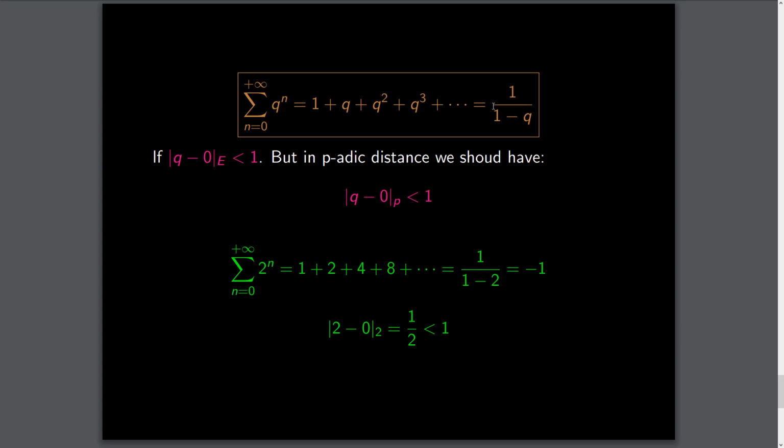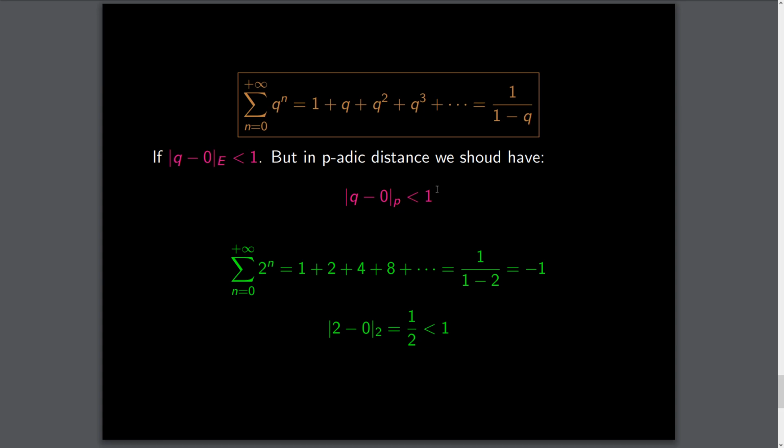It's 1 divided by 1 minus q when the absolute value of q is smaller than 1. But if we opt for not a Euclidean distance, but a P-adic distance, then this idea changes, in that we are looking for a q value whose P-adic norm is smaller than 1.